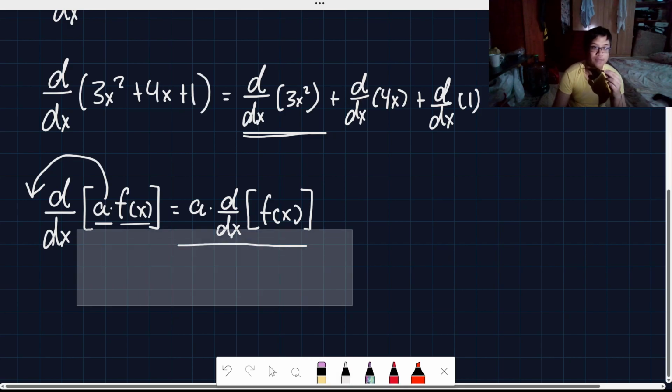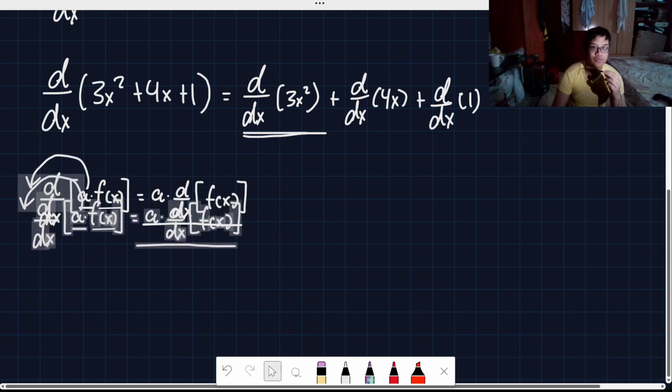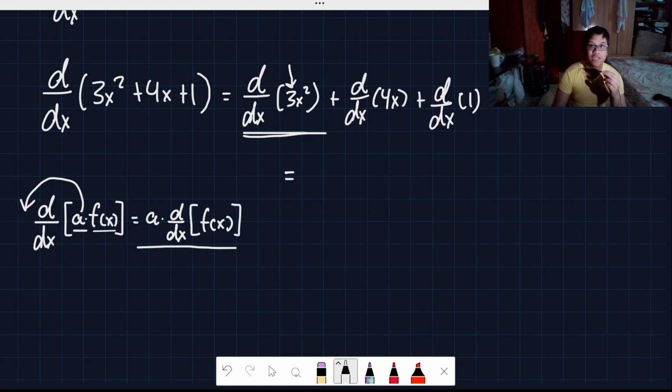Let me just shrink this into a small size so that I can have space here. Since we have a constant of 3, we can just bring it out. So we will have 3 times the derivative of x squared.